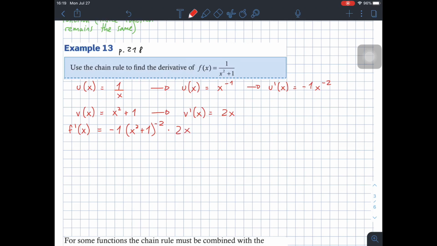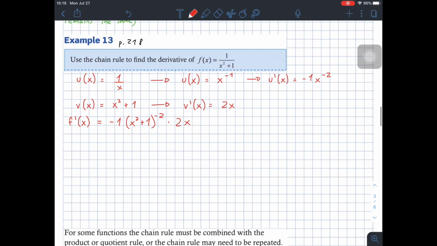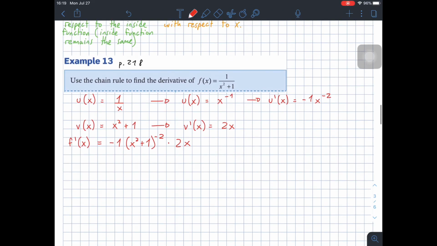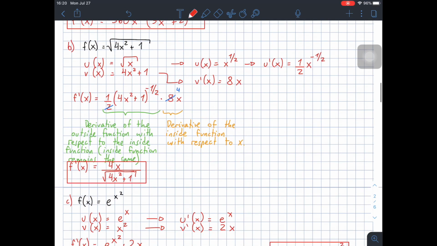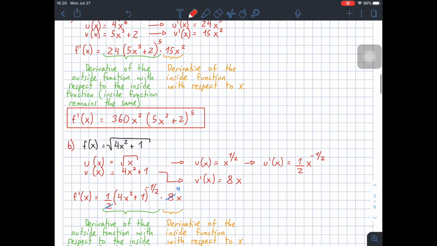And that's it. I can reorganize this in order to write it in a more fashionable way. So I'm going to bring the text back again just to make sure that this is clear. Let's see. Here.